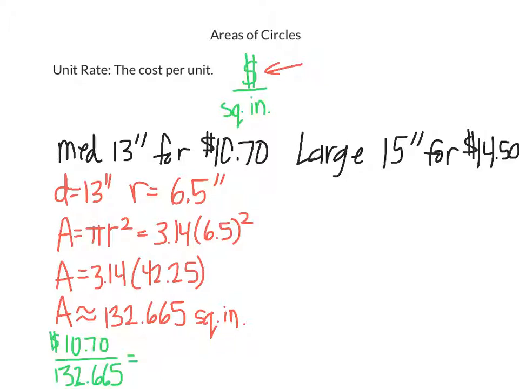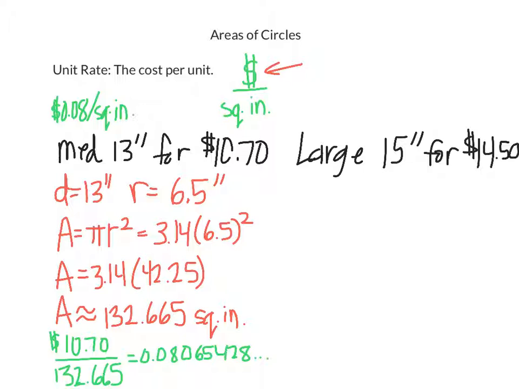And that gives me 0.08065428. Probably goes on from there. But really, this is about 8 cents per square foot. I said per square foot, but I meant per square inch. So I'm going to write it up here because I'm at the bottom of the page. And I do want to put my dollar sign. So 8 cents per square inch.